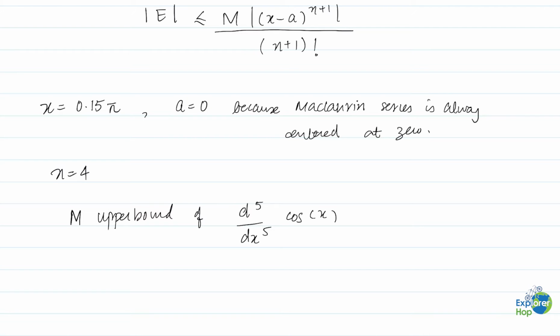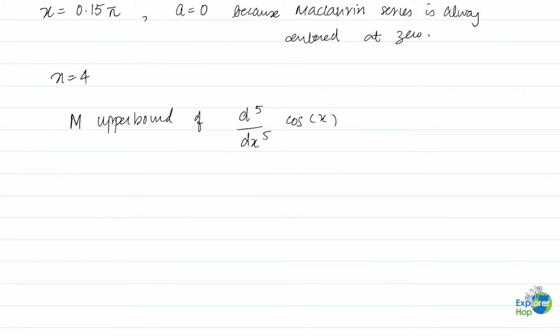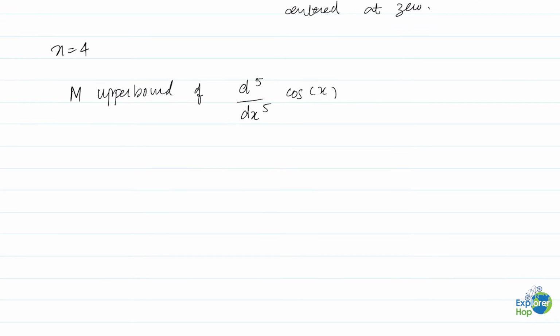So the first thing we can do is make a table and find the fifth derivative of cos x. We can differentiate cos x 5 times and see what the final derivative is. If you differentiate this 5 times, you will get minus sine x.